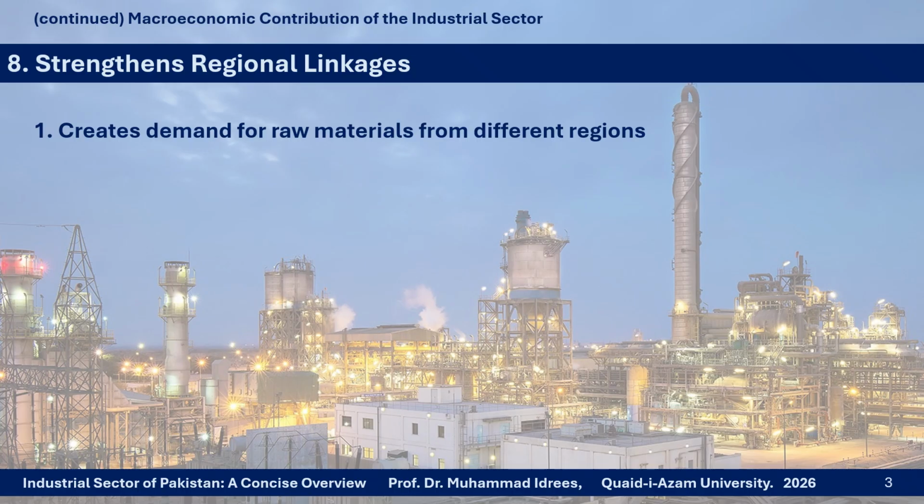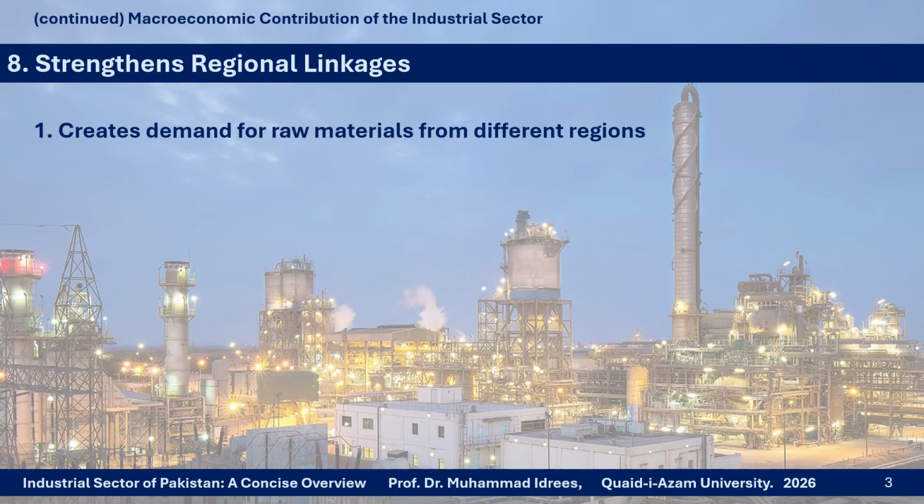When they need raw material such as cotton, cotton comes from different regions such as Multan, Rahim Yar Khan, Okara, Sukkur, Ghotki. These are a few cotton producing regions. So the cotton from these regions comes to Faisalabad, comes to Karachi, and is utilized by the textile industry.